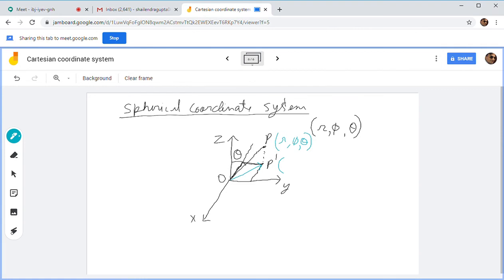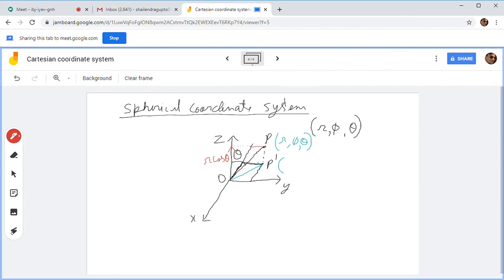Let me help you out. So if this is theta and this is your Z, this is your P, take a reflection of this P onto your Z axis. Let me take a different color. So what is this? This is R cos theta. You see what is cos theta?